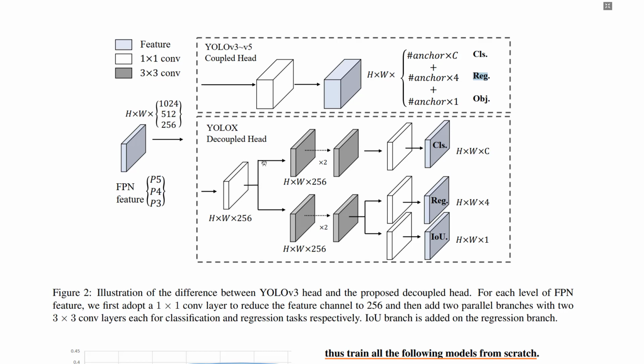Here we have 2 3x3 conv layers, which provide an output used for classification. And then for this other split, the output is further split, such that we have this output for the localization and this output prediction for the objectness.